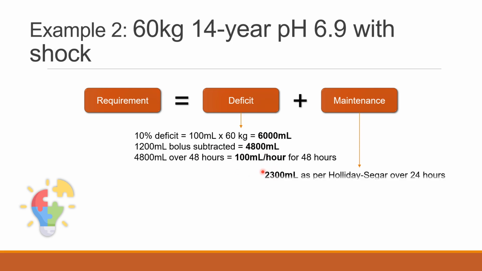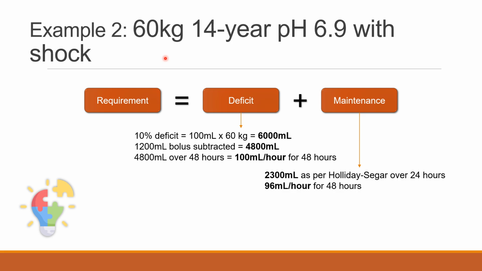How much is the maintenance? Maintenance means for the first 10 kg it is 1000 ml. For the next 10 kg it is 50 ml per kg, that is 500 ml. That means total 1500 ml. For another 40 kg above 20 kg, that is 20 ml per kg. So 20 ml multiplied by 40 kg, that is 800 ml.